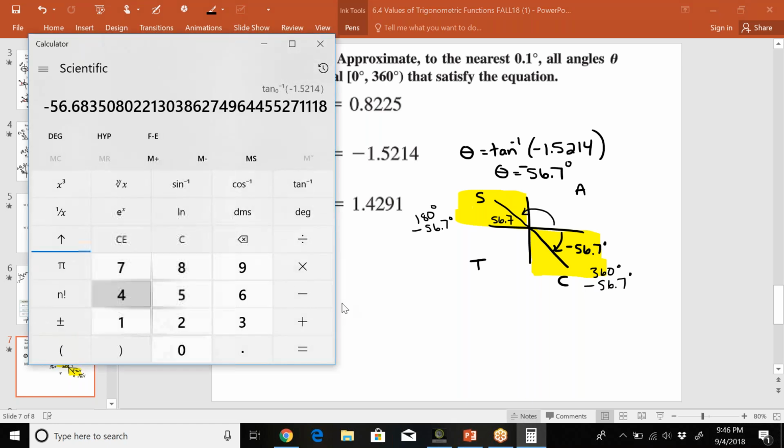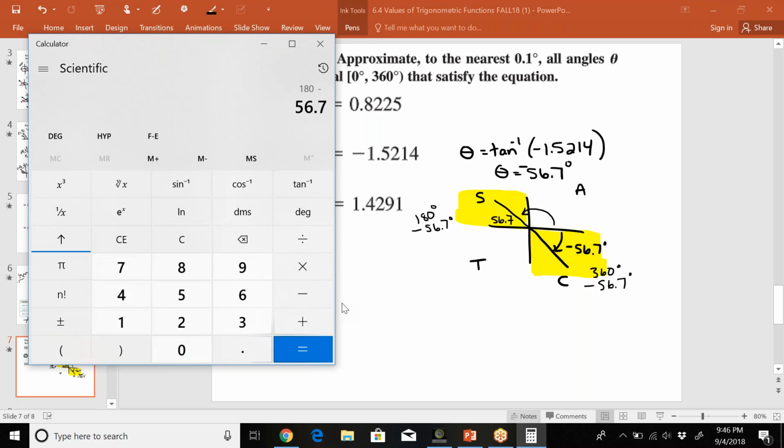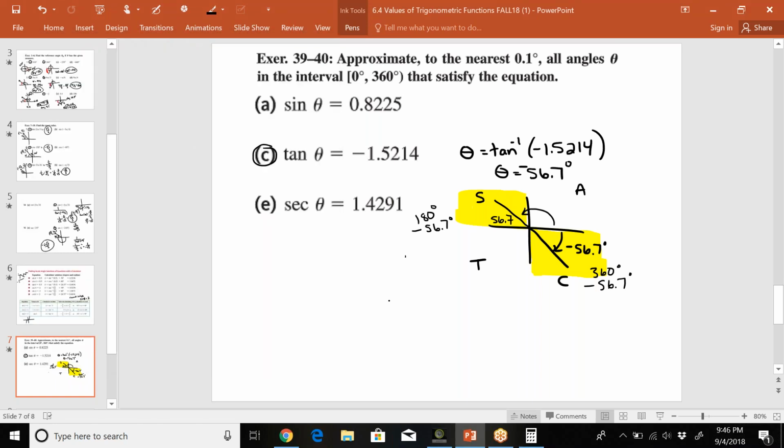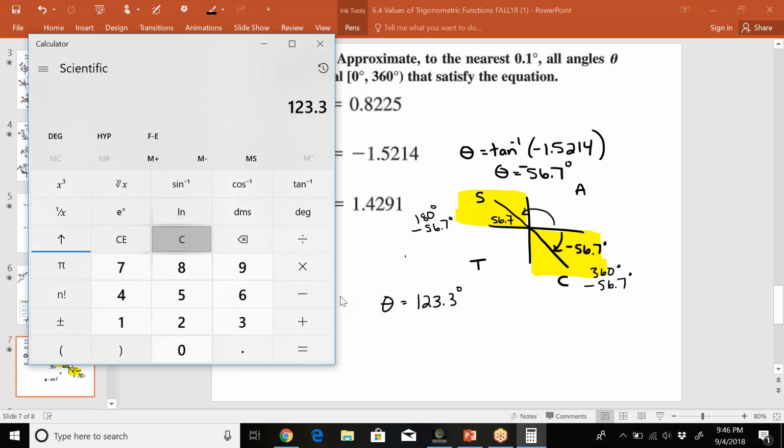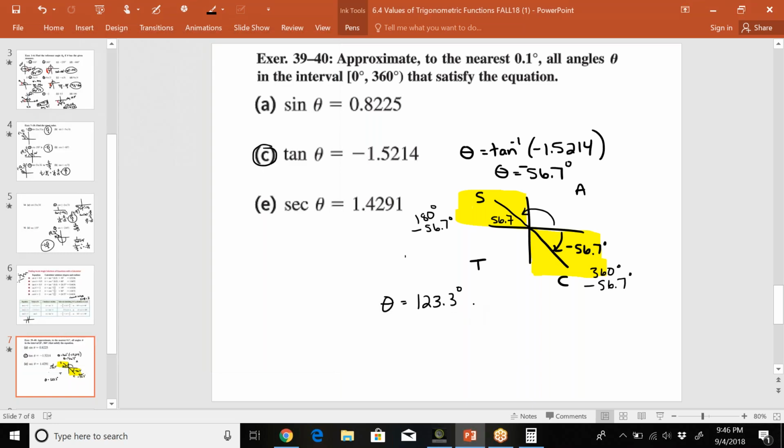So let's figure both of those out. 180 minus 56.7 is 123.3, so one of my thetas is 123.3 degrees. The other one is 360 minus 56.7, which is 303.3. So there are my two angles that can meet the condition of a tangent being negative 1.5214.